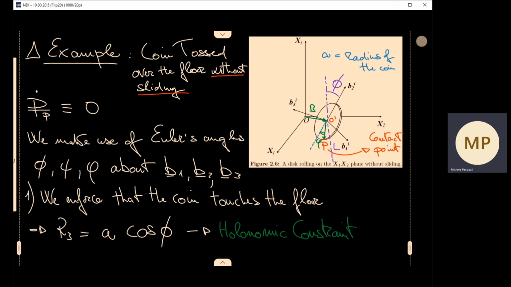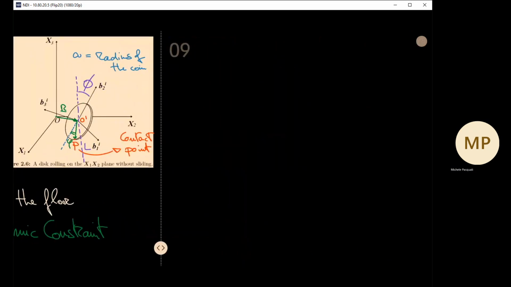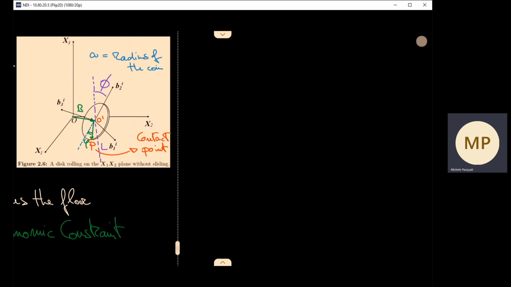Then let's enforce that our motion happens without sliding. Let's do it like this. Okay, rolling with no sliding.